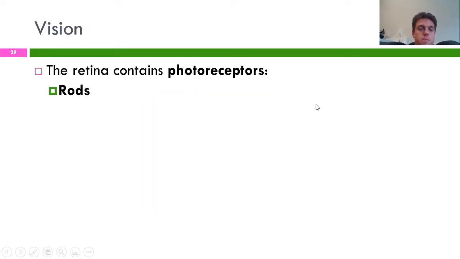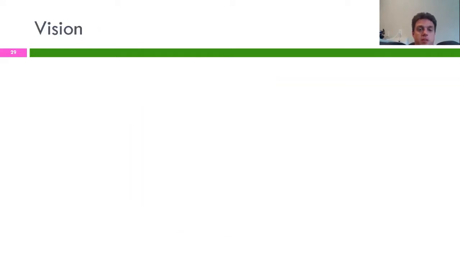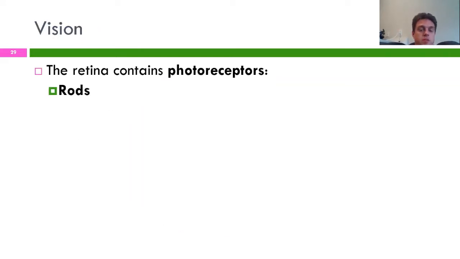Okay. So like we said, the retina is where the light ultimately ends up before stimulating the optic nerve, and then transduction happens, which we talked about earlier. So the retina is going to contain what we call photoreceptors.